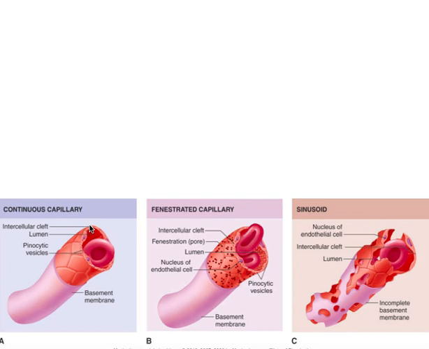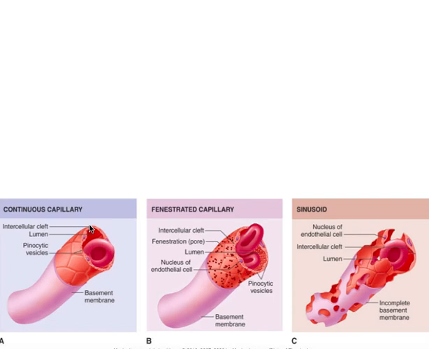However, there is one special area of the body where the continuous capillaries do not even have the intercellular clefts, and that would be the blood-brain barrier in the brain. So the very important blood vessels that bring blood through the brain and do allow for the feeding of the neurons in the brain do not actually have contact with the neurons.